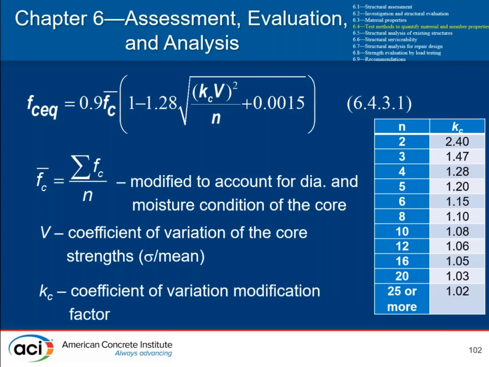So just using the mean core strength, f'c bar, in a resistance equation would be quite unsafe, because the actual equivalent specified concrete compressive strength would be a number less than 90% of that mean core strength.